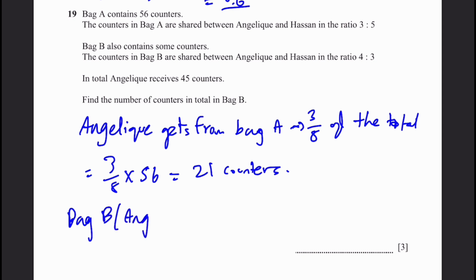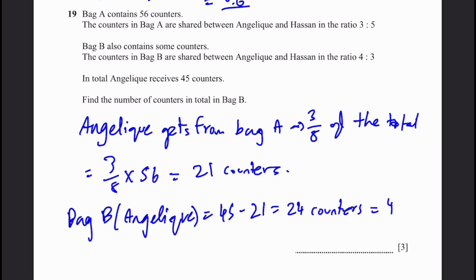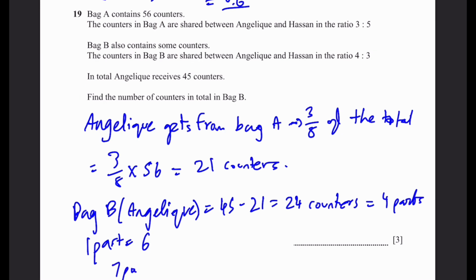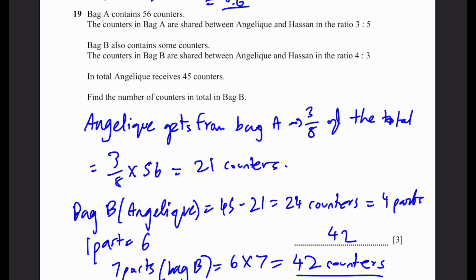She gets 45 minus 21, because she gets 45 total. That's 24 counters, and that's equal to 4 parts. So one part is 24 divided by 4, which is 6 counters, and 7 parts, which is the total in bag B, is equal to 6 times 7, which is equal to 42 counters. That's the answer.